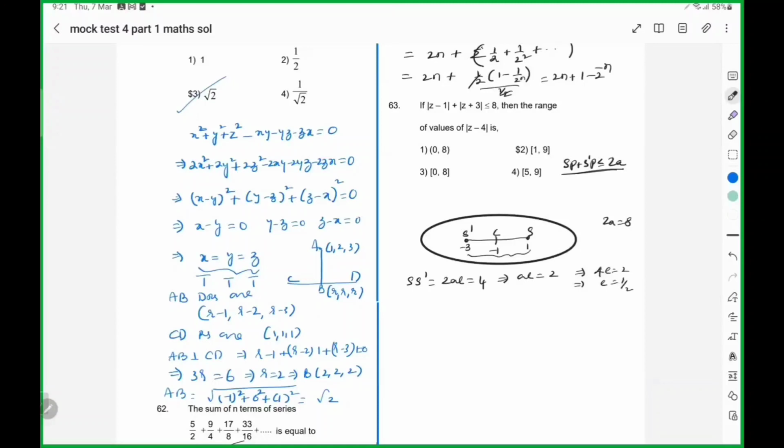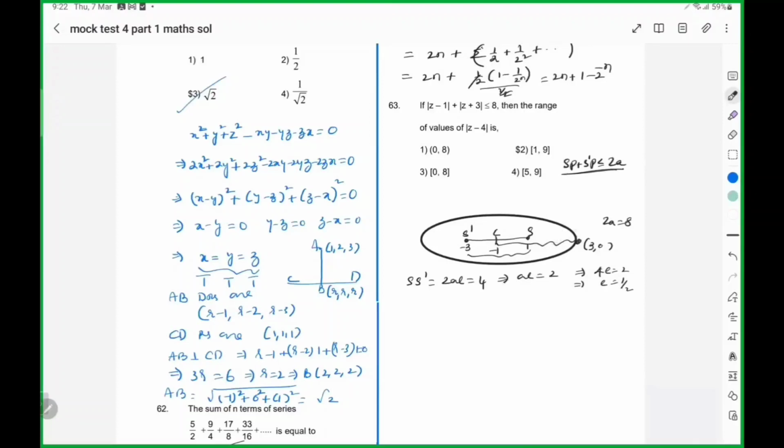So it definitely represents the ellipse's internal region, and all the Z's are within the region. 2A equal to 8 means A is 4. Center to this point is 4, so this must be 3 comma 0. So Z you have to take within the ellipse.